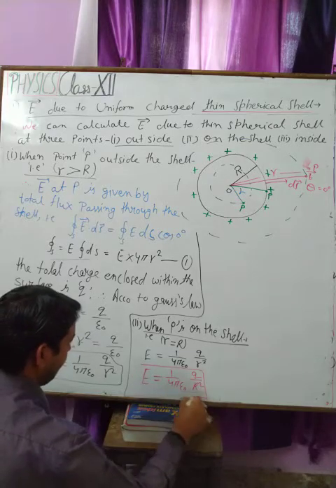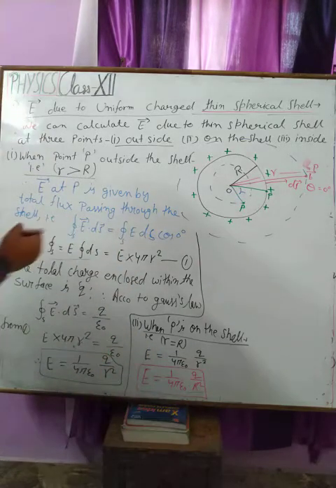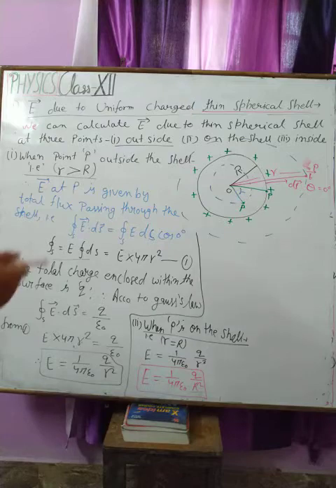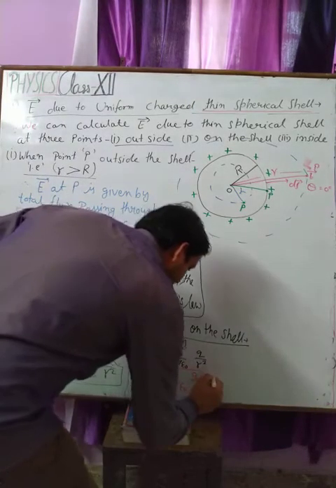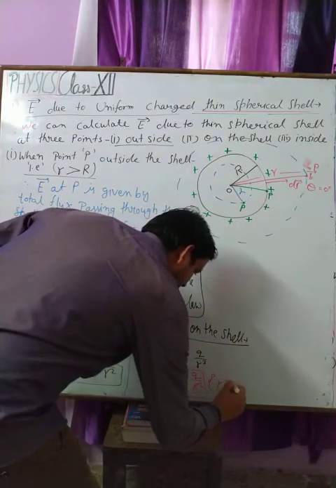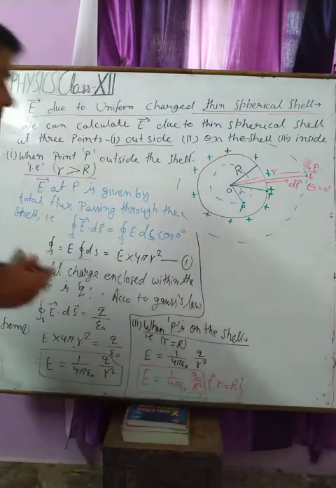This is the electric field on the surface of the thin shell, where small r is equal to capital R.